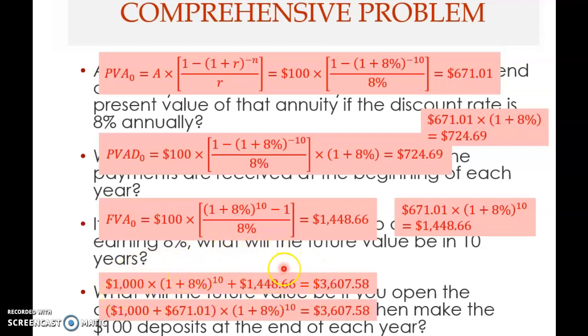So you can add these two, which will be $1,671.01. Then you compound this at 8% over 10 years. You get this value, which is the same as this. It must be the same, as long as you're consistent.